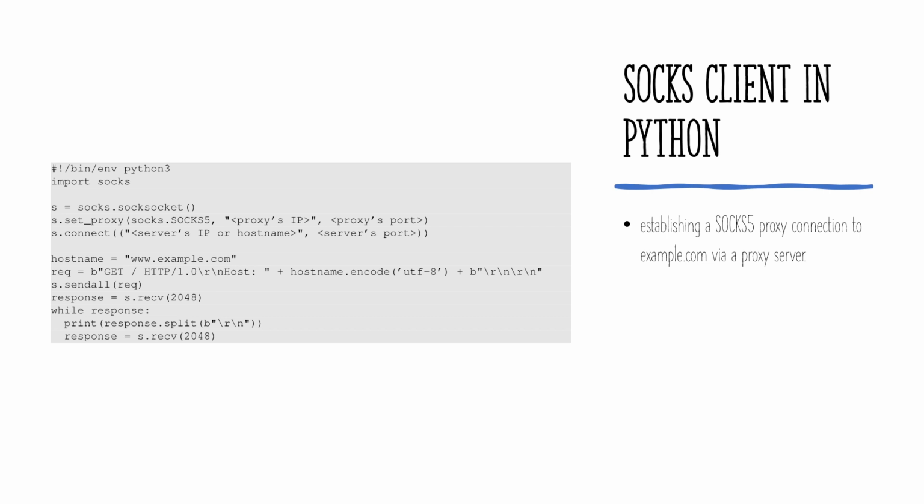Remember, this is a simplified example intended just for illustration. It's intended to illustrate the process of using a SOCKS5 proxy within Python. Real-world applications might require handling various scenarios, including different types of authentication, error handling, and asynchronous communications.